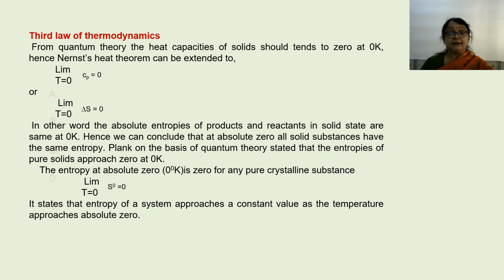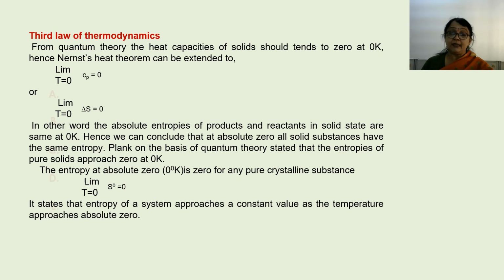Similarly, when the absolute temperature tends to zero, at temperature zero, the motion is stopped. Therefore, for a pure crystalline solid, the change in entropy is zero. In other words, we can say that the entropy of a system approaches a constant value as the temperature approaches absolute zero.